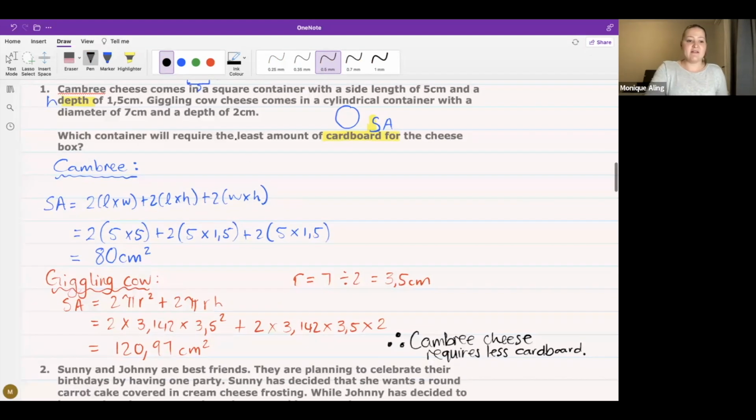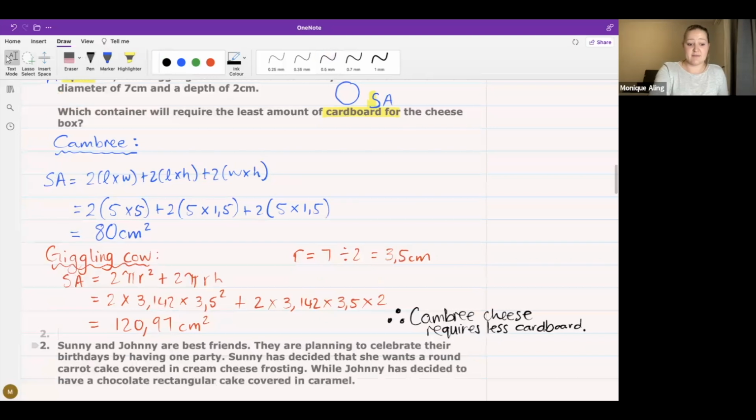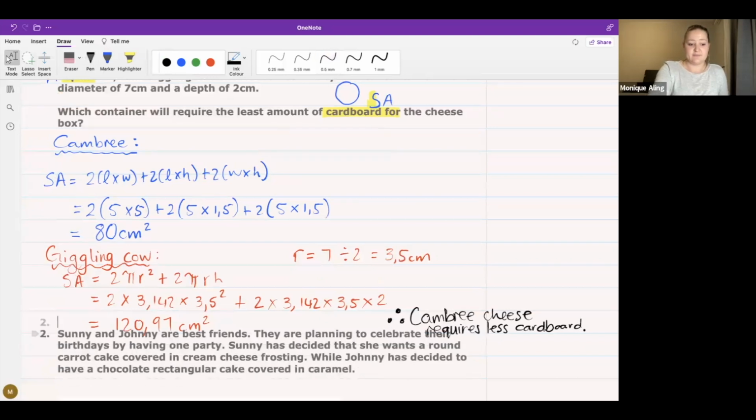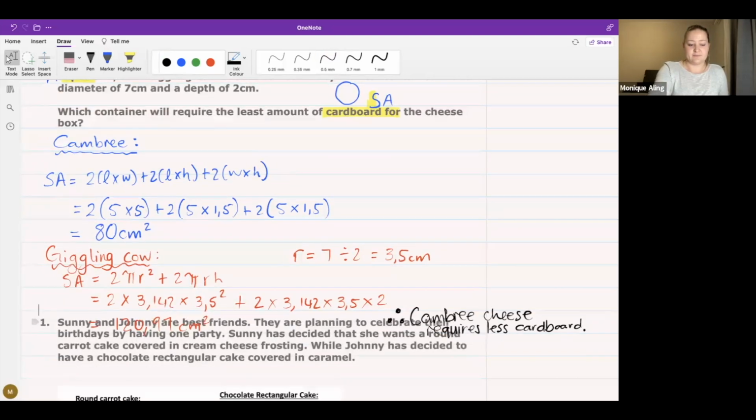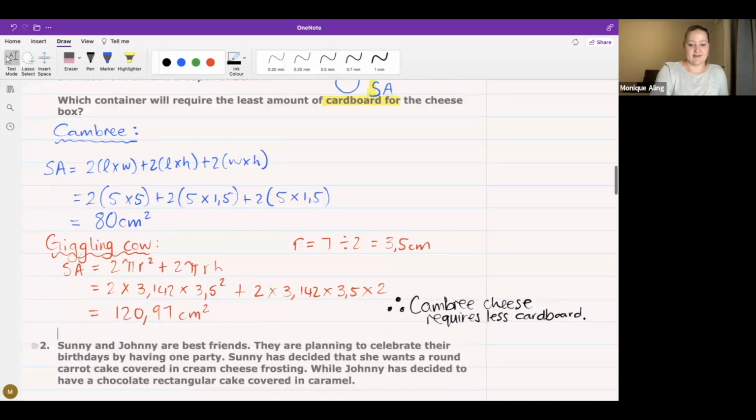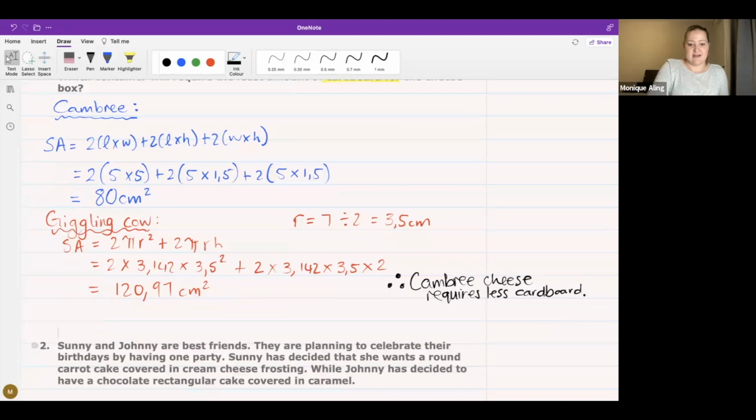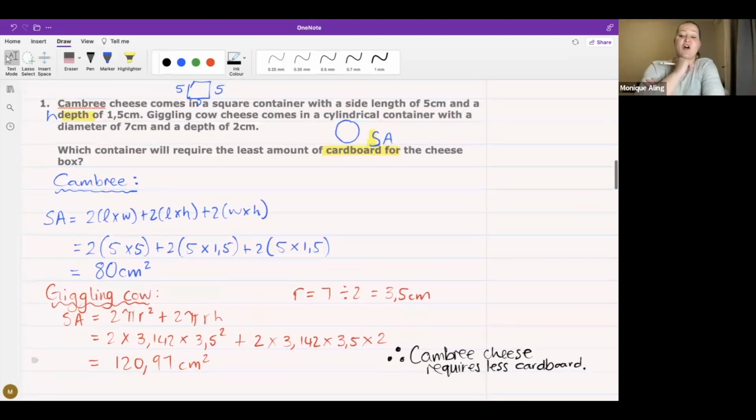Okay, so again, this question focused on the two shapes we've been dealing with the entire time. It's just the way that they asked the question this time. When they talk about packaging generally, we are talking about surface area.